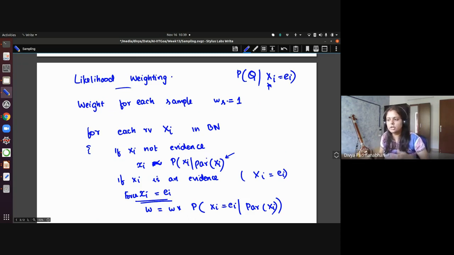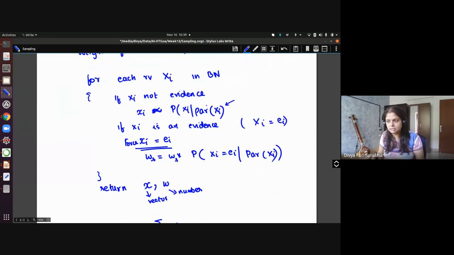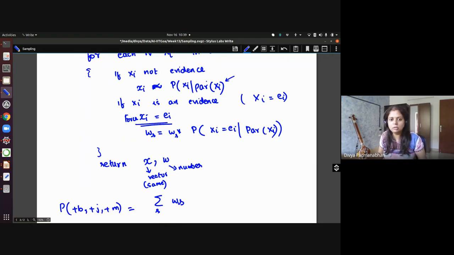But since you wanted it to be set to ei, you just force this. But now you adjust the weight in this manner. So ws, the weight of the sample, now becomes scaled down by this probability. So what you finally return is this vector, the sample, and this number w. Is this clear to you all?